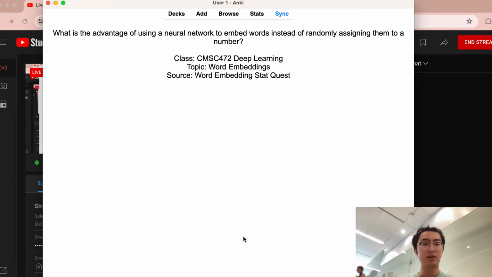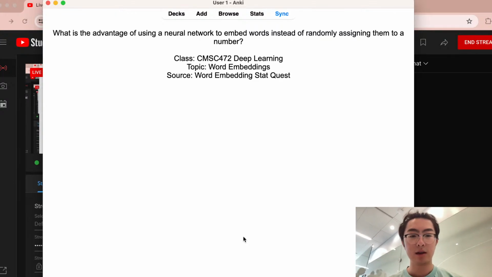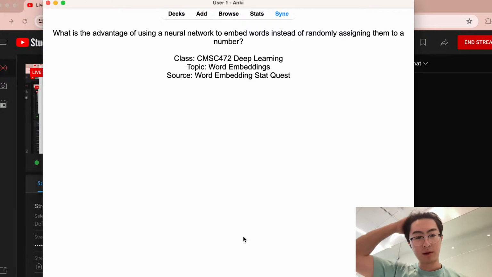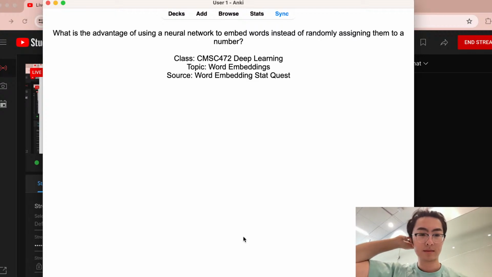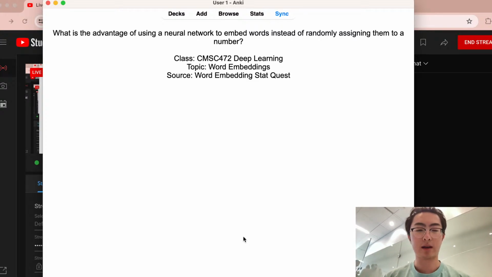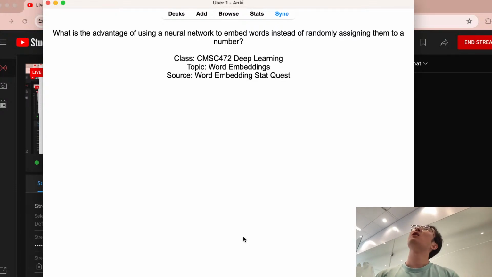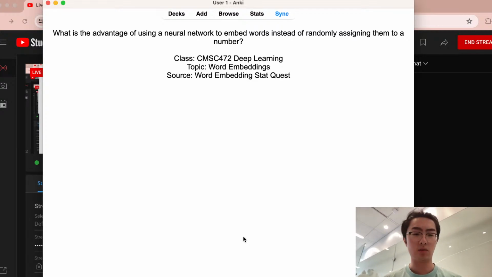What is an advantage of using a neural network to embed words instead of randomly assigning them to a number? I think a neural network allows you to learn context within a sentence, and then also, big idea, you want to be able to learn better embeddings for your words.